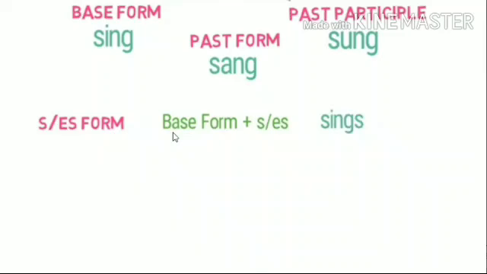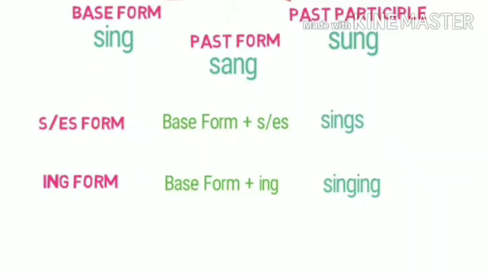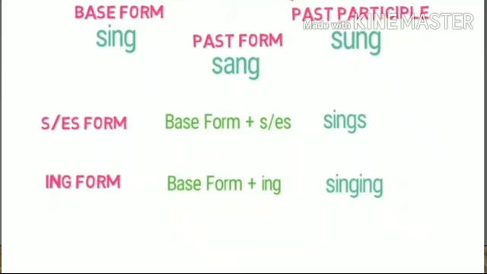Base form plus S or ES forms this kind of form. Example, sing becomes sings, S-I-N-G-S. Here note the word S in the end. And the next form is ing form. It is used when the work is continuing while we are talking about it.